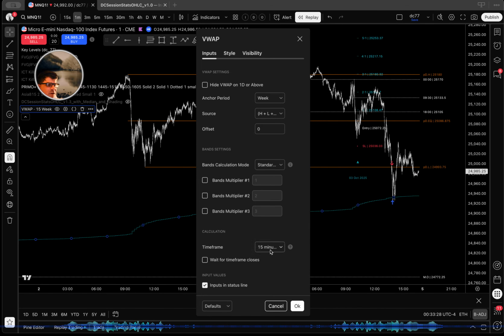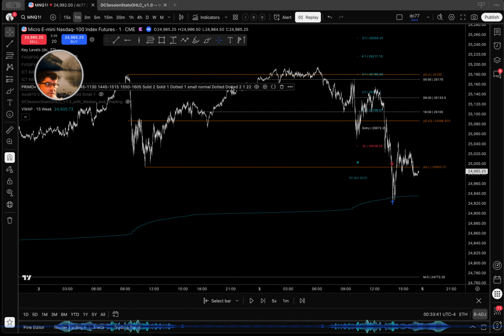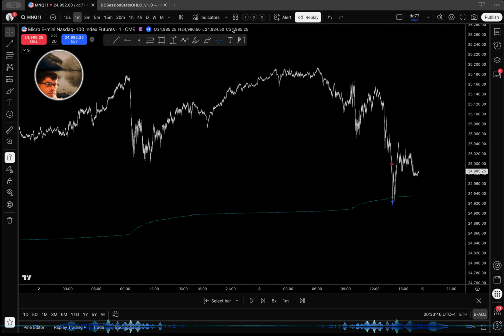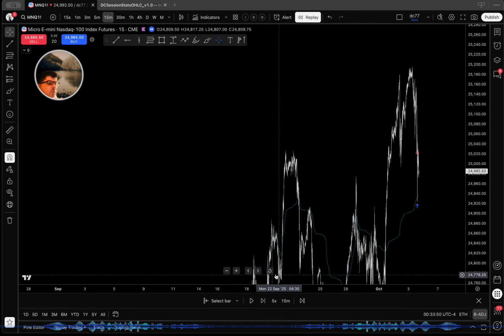I turn the bands off because I don't like to clutter the chart, and it's a 15-minute time frame, and you should see this same level for today. Let's turn off these other indicators and zoom out a little bit on the 15-minute chart. And notice that the VWAP's not going to move.